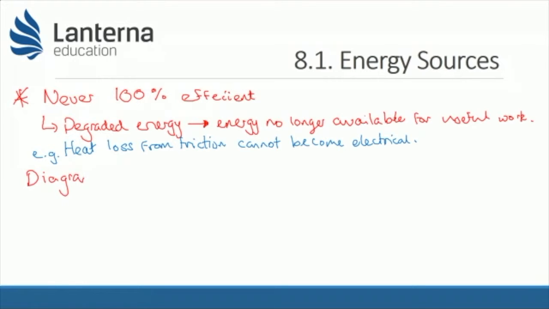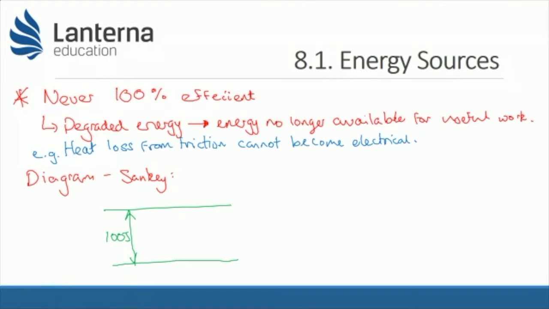So the diagrammatic way is a Sankey diagram. And the Sankey diagram starts with all our energy going in. So let's say this is 100%. Now, often on this, they'll tell you that this is, say, 100 joules.